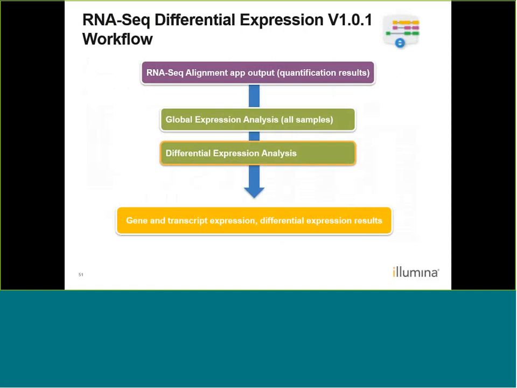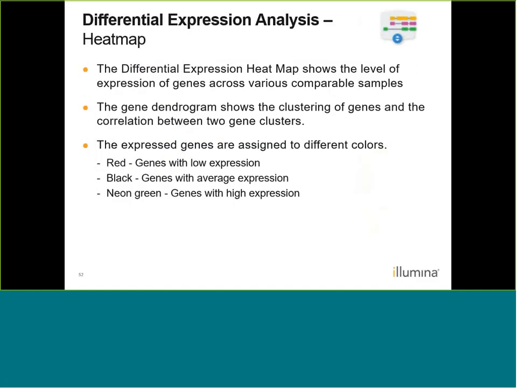Okay, so if we selected differential expression analysis, we'll get the results of that as well. So one of the first results is going to be our heat map. So our differential expression heat map will show the level of expression of genes across various comparable samples.